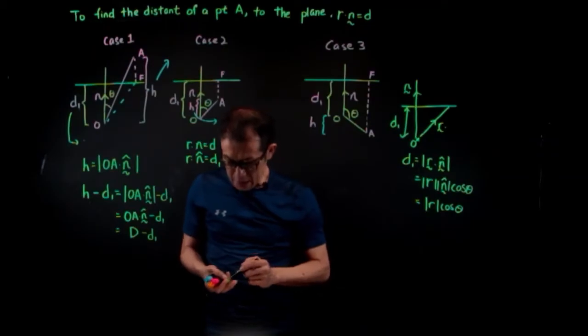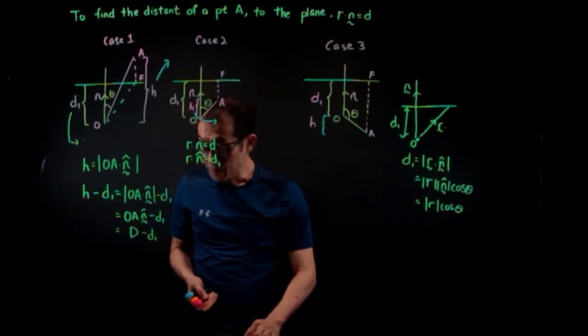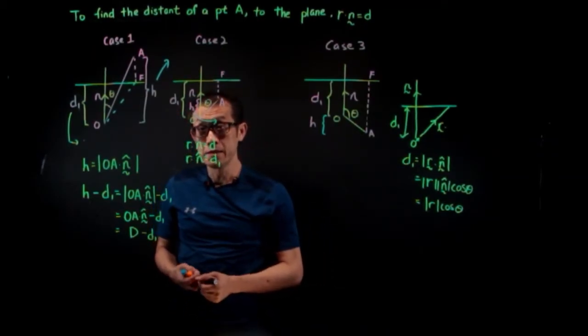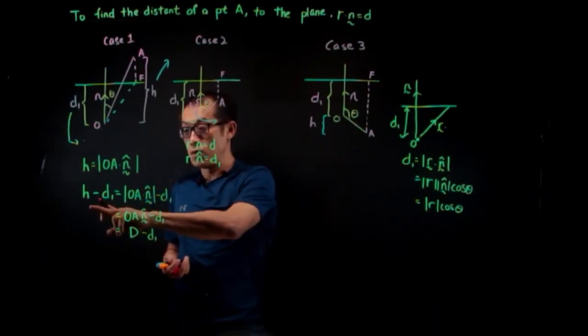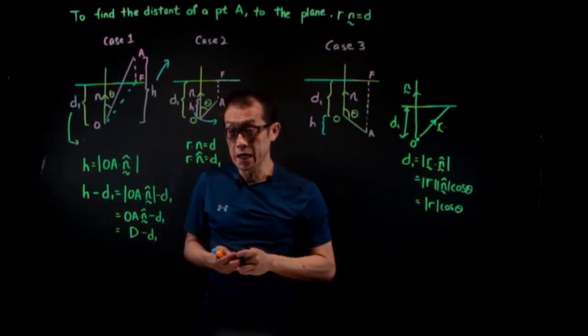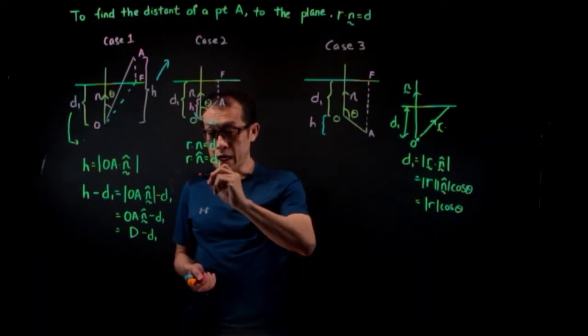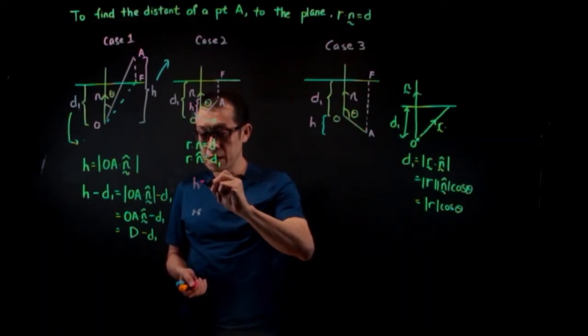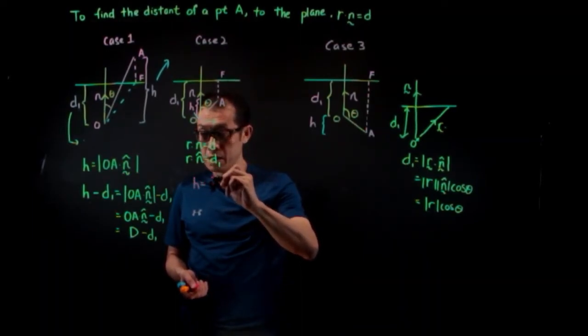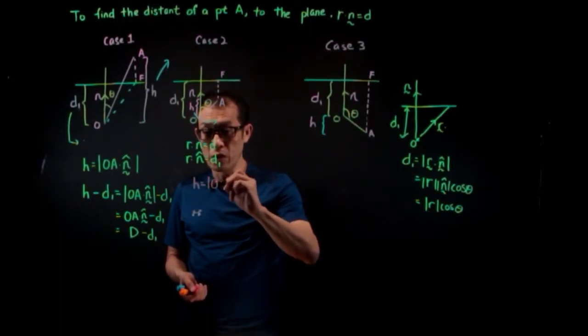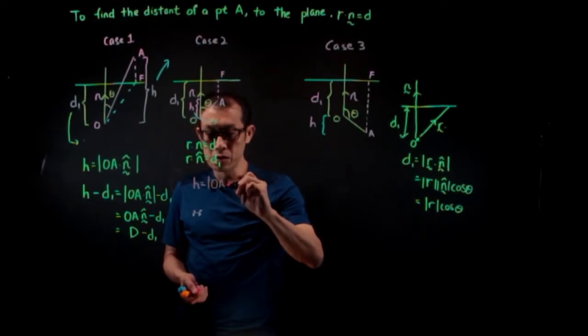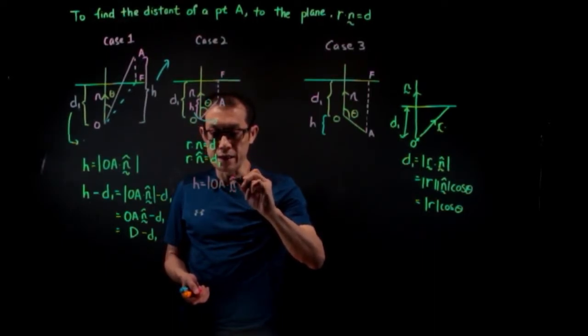Now let's look at scenario 2. I use a different color. What is this distance h? h is given by the modulus of OA dot unit vector n.